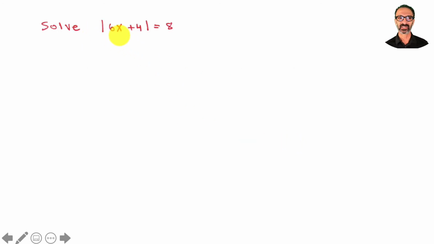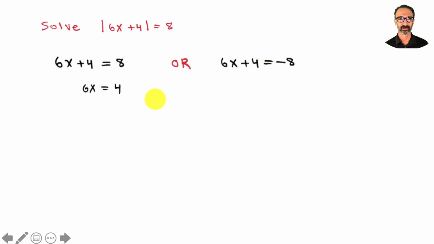Absolute value of 6x plus 4 equals 8. That will give me two options. Either 6x plus 4 equals 8 or 6x plus 4 equals -8. Here, subtract 4 from both sides. I get 6x equals 4. Divide both sides by 6.